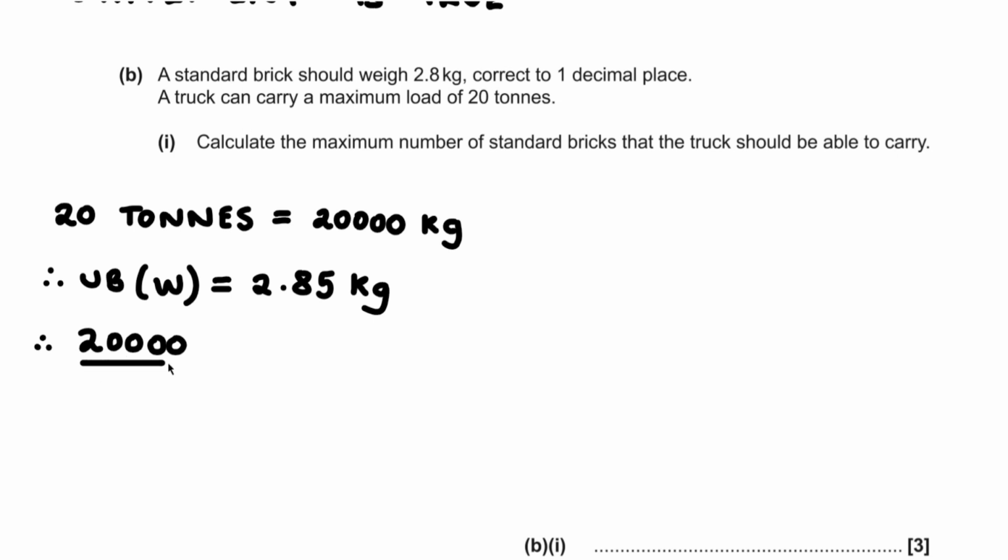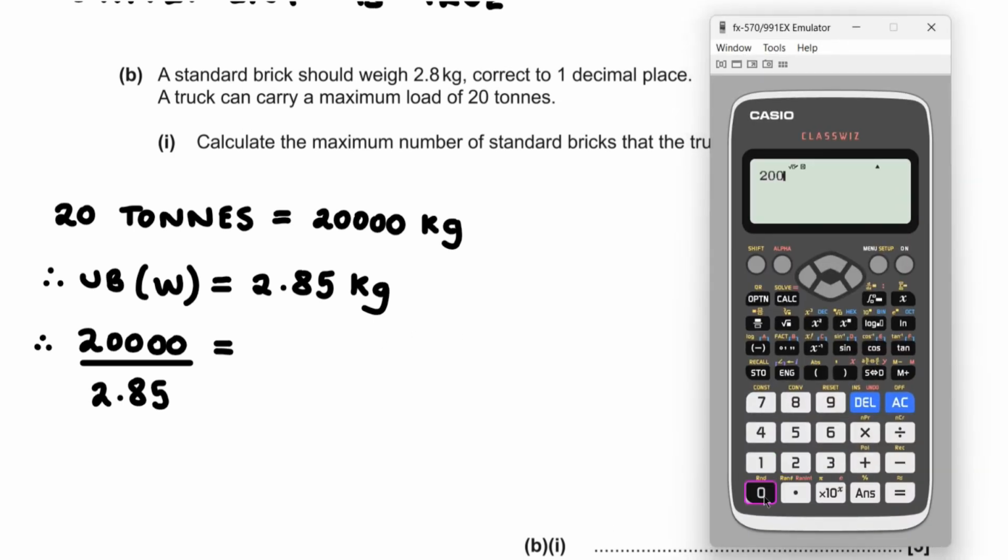So I've got 20,000 divided by 2.85, which is equal to 7,017.54386.